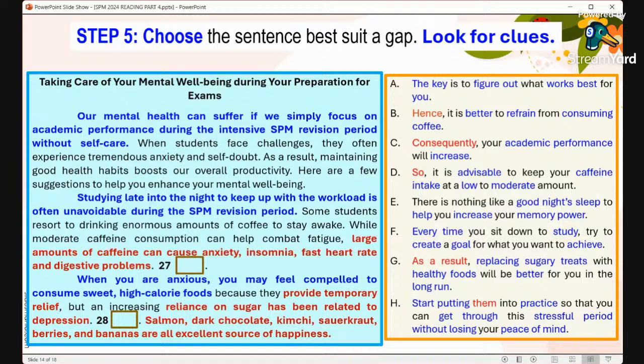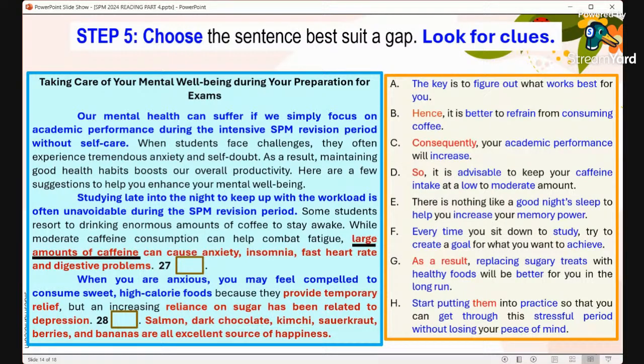I'll give an example so that everyone can do 28. Like for me, I look at amounts of caffeine. Just like Puan Haslina said just now, the words large amounts of caffeine would be the keyword or key phrase that will help her identify what she needs to look for.